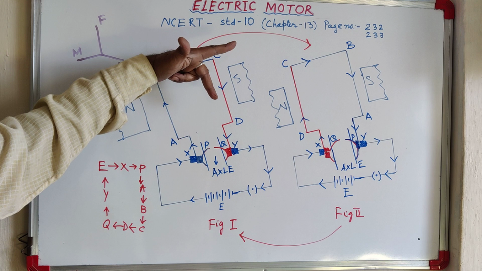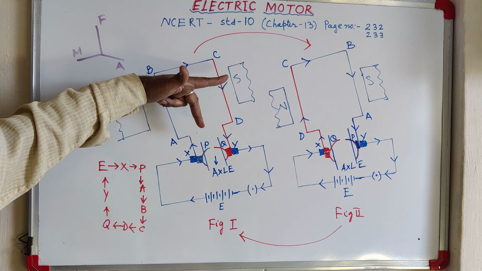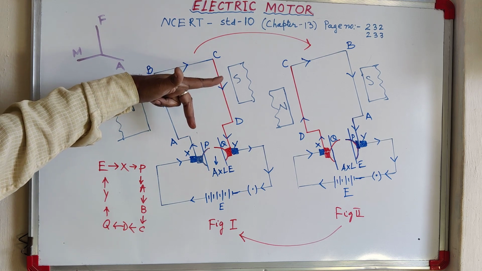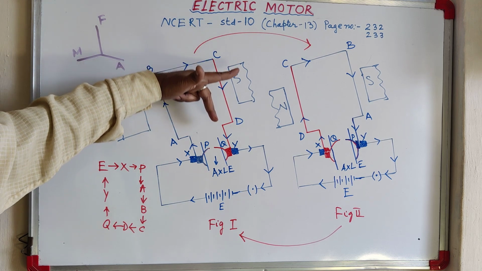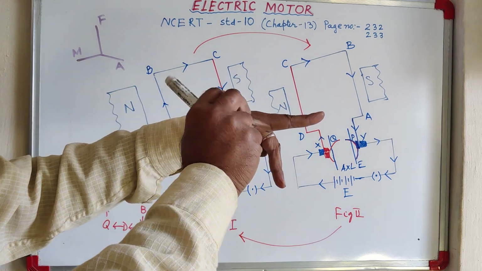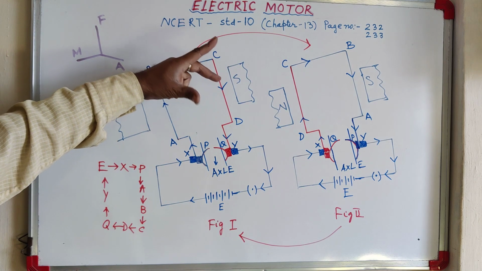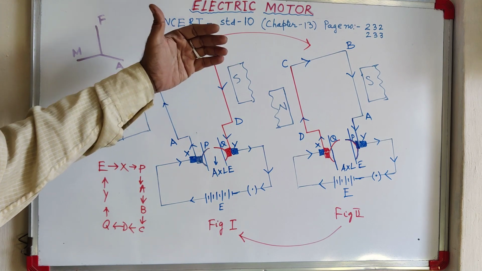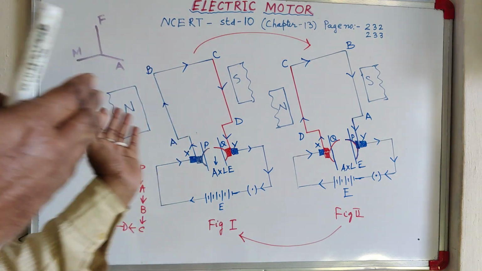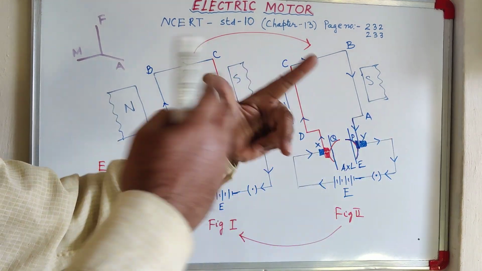Now here the current is going down, the magnetic field is north to south, and this is the electrical direction. So the thumb is showing anti-clockwise motion. So CD will come up the board and AB will go down the board and give a rotation.